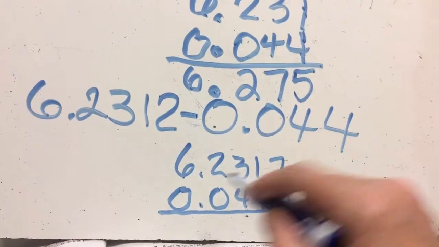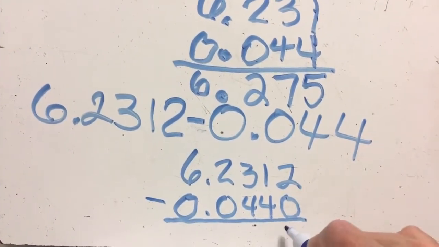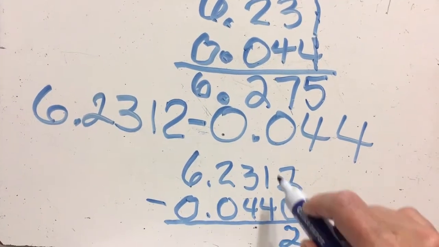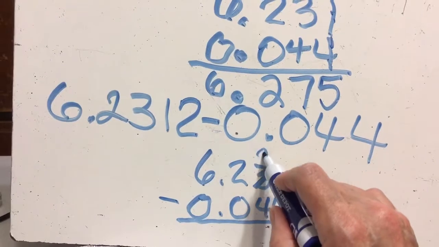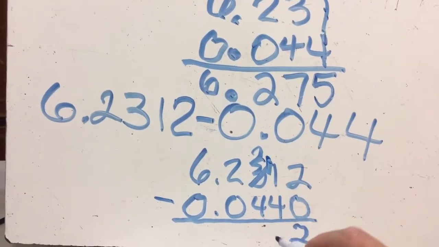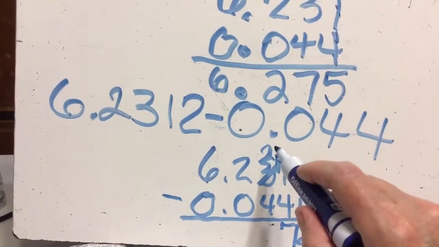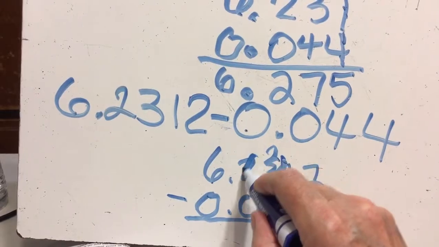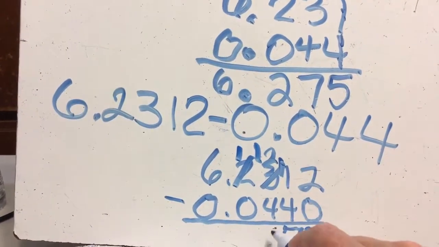So here we are subtracting. So we're going to have 2 take away 0 is 2. And 1 take away 4 doesn't work, so we're going to come over here and we're going to borrow. And then bring that over here. So we got 11 take away 4 is 7. And then 2 take away 4 doesn't work, so we're going to come over here and borrow. And 12 take away 4 is 8.